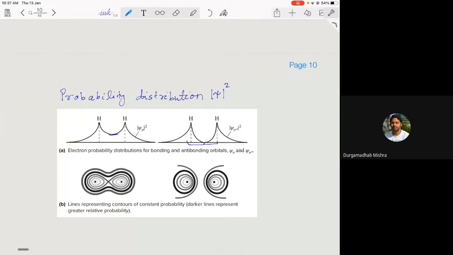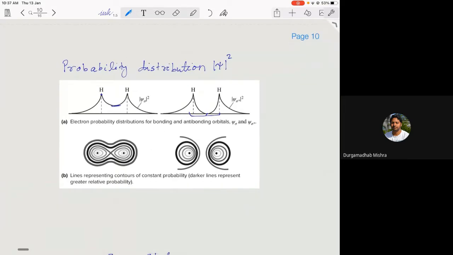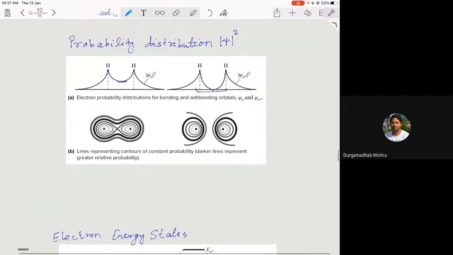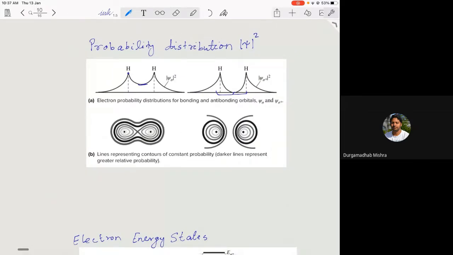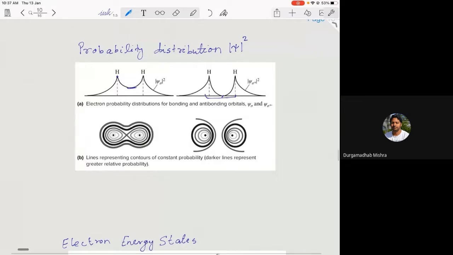So what about the energy? What happens to the energy state? When we started with individual atoms, the electron energy is represented by this E1s energy, which, from the zero energy level, is minus 13.6 eV.